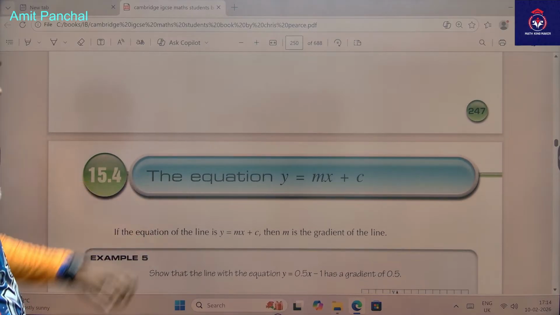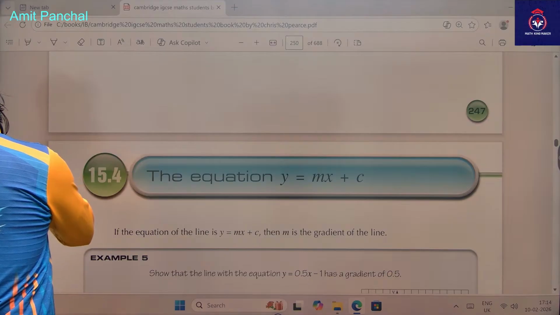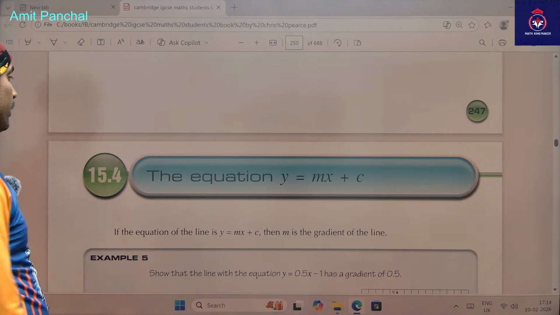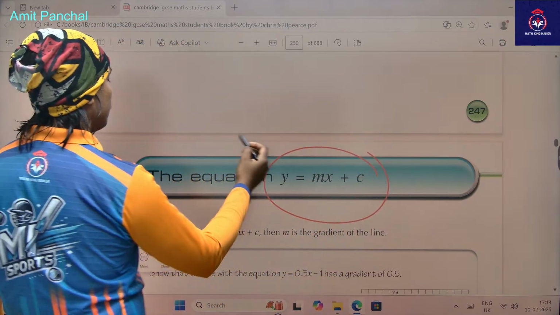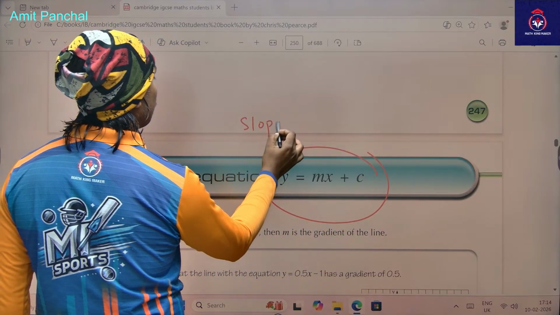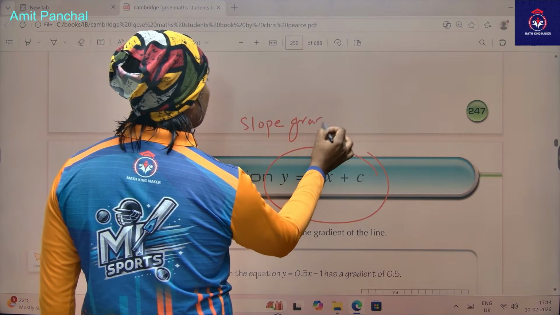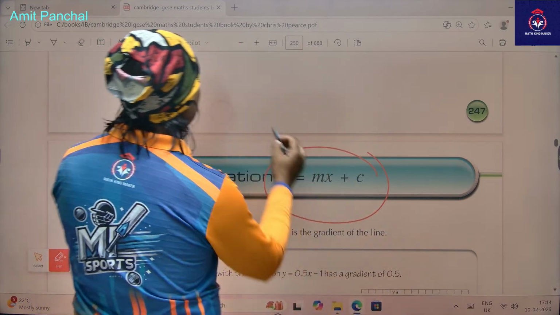So if you have a straight line in this format, it is known as y equal to mx plus c. It is known as slope gradient form, slope intercept form.